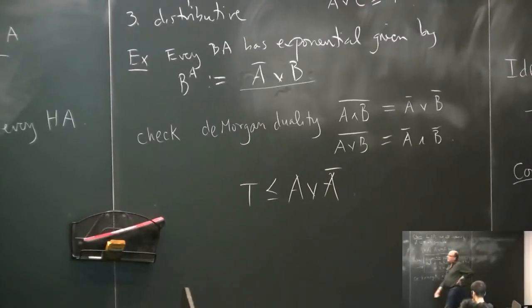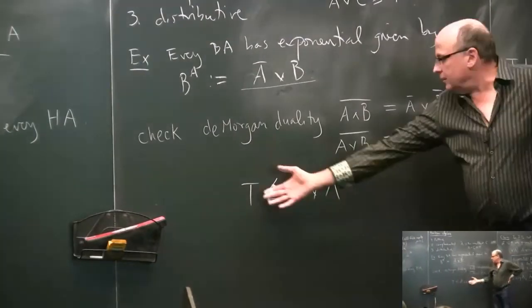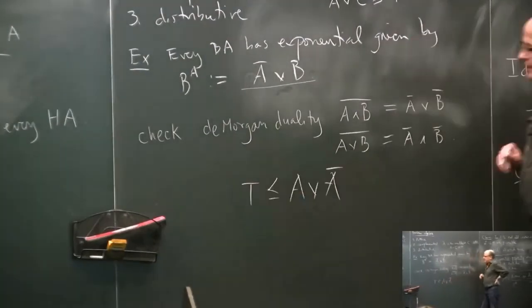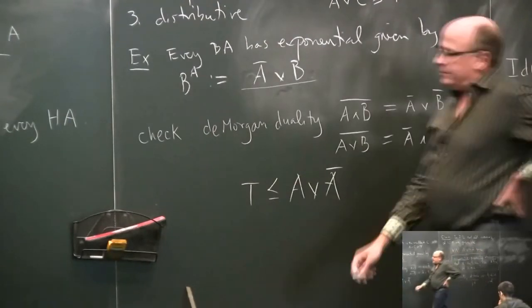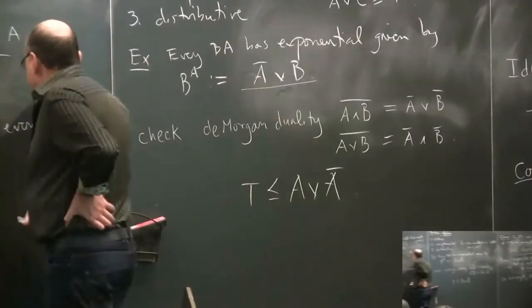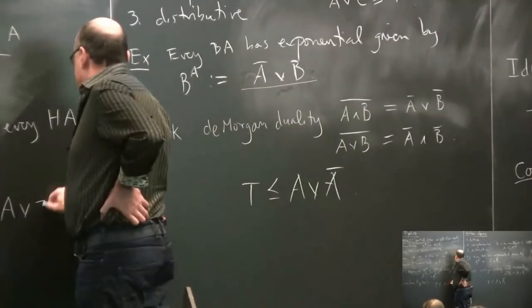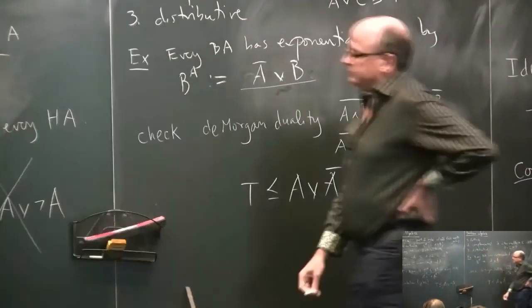So if you're thinking of your negation as being complement, then it's trivial that true is below A or not A, or A bar. But in a Heyting algebra, we do not expect, in general, that we have either a proof or a refutation. This we do not expect in general.